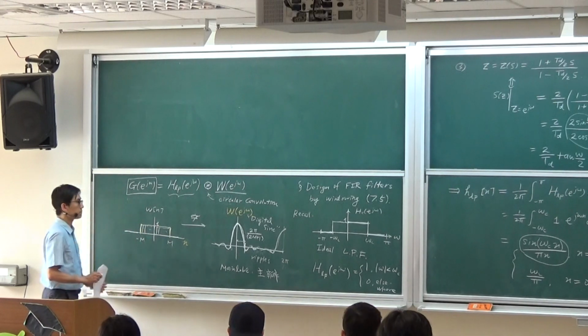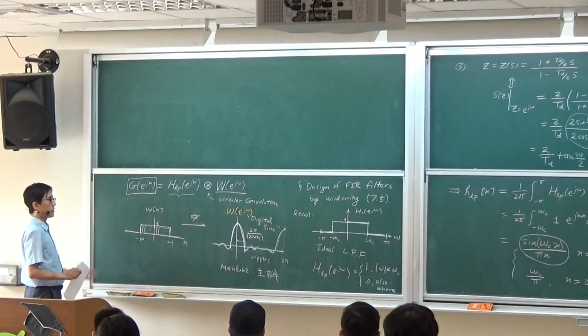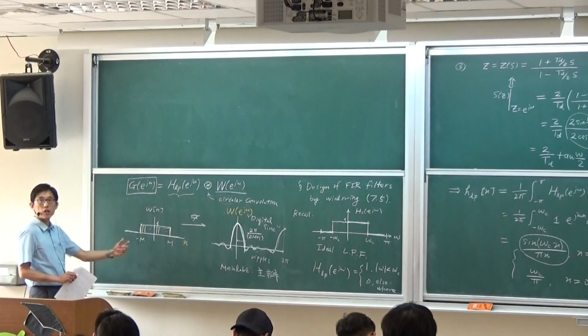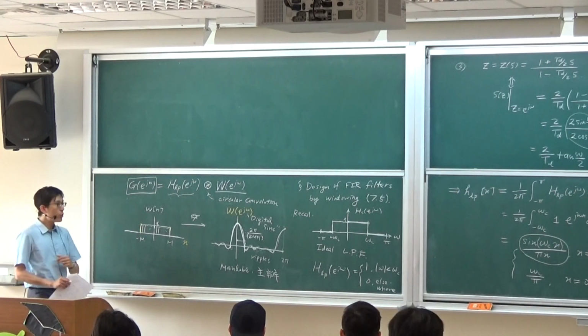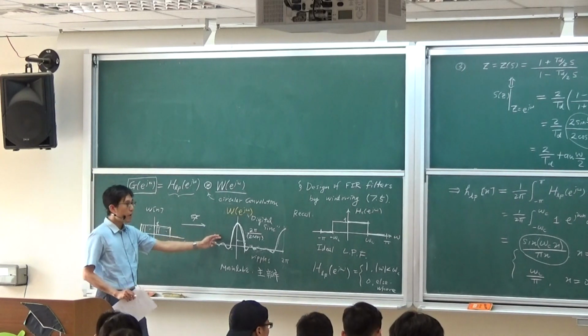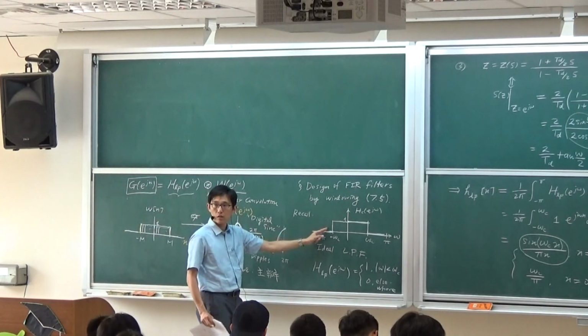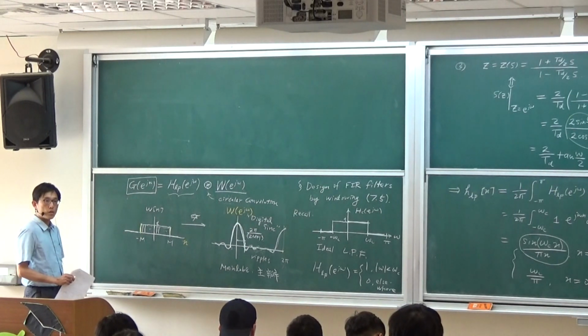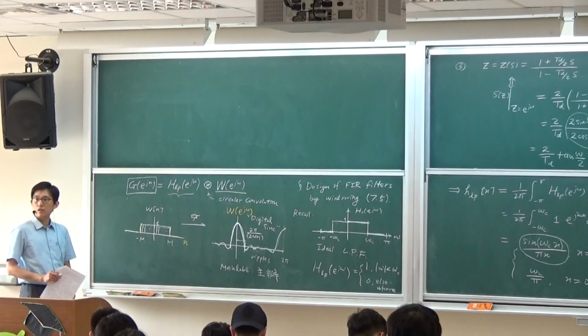Okay? So these are important pieces of information I want to share with you first, and then we can consider convolution. Now we have one function which looks like sinc, and another function which is ideal. And how about their convolution? What does their convolution look like? That's the question.